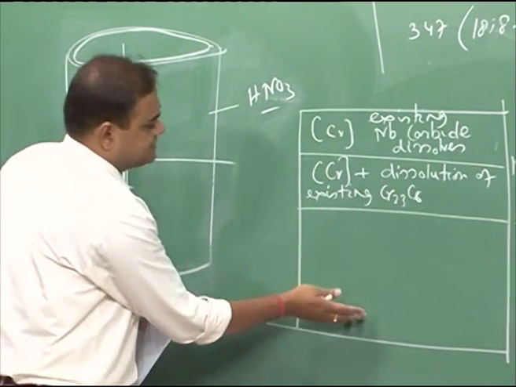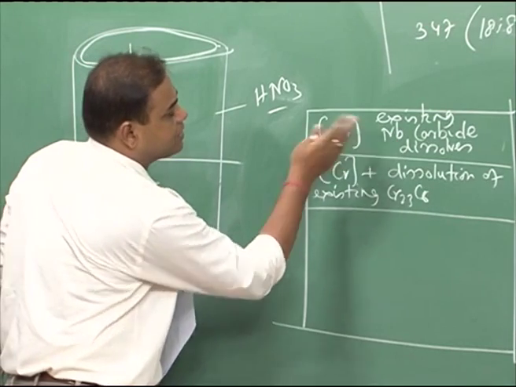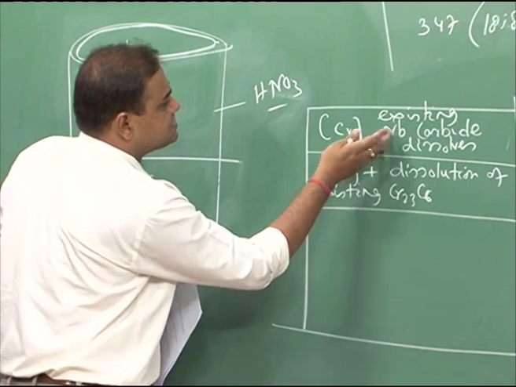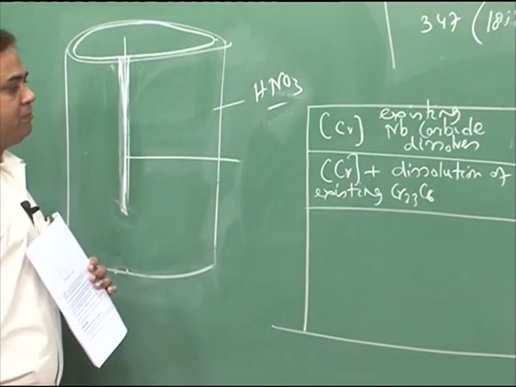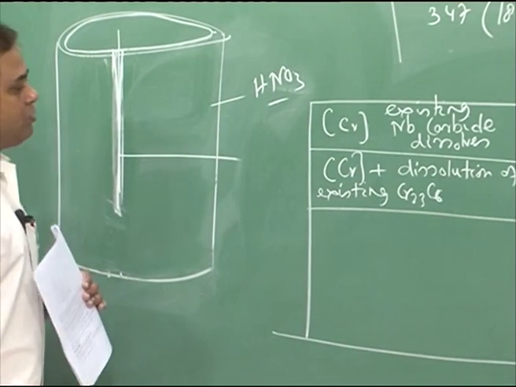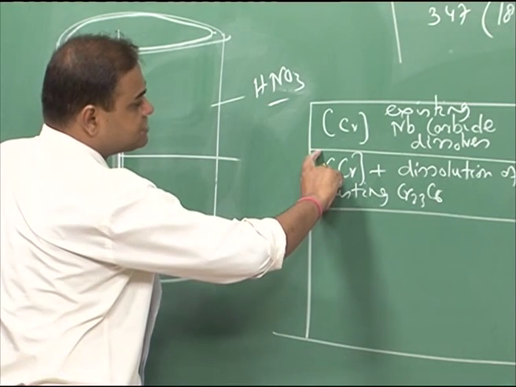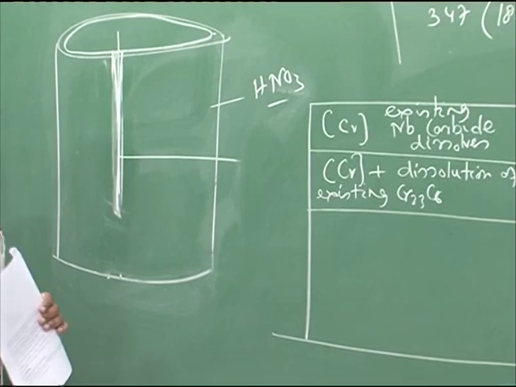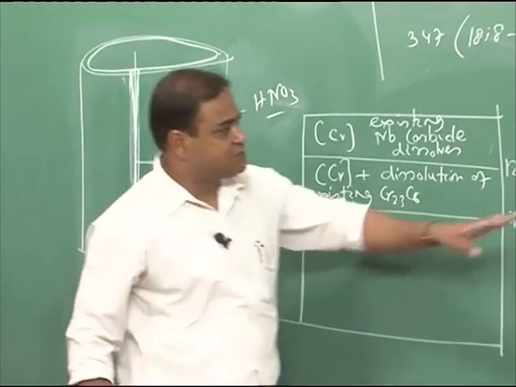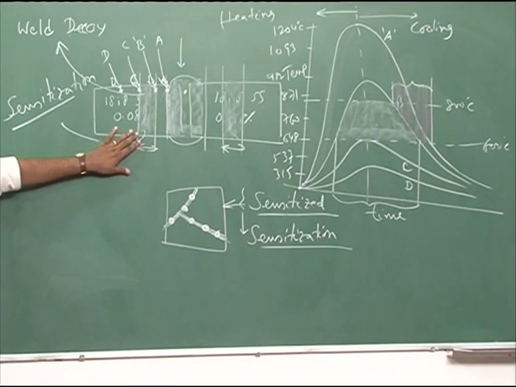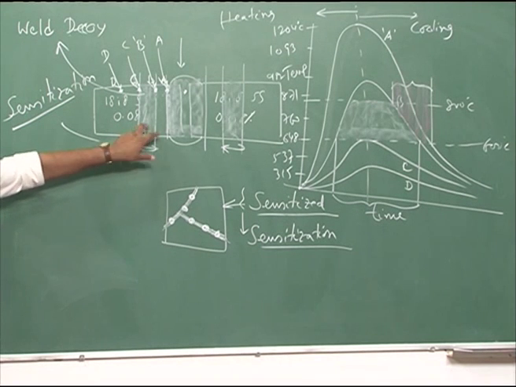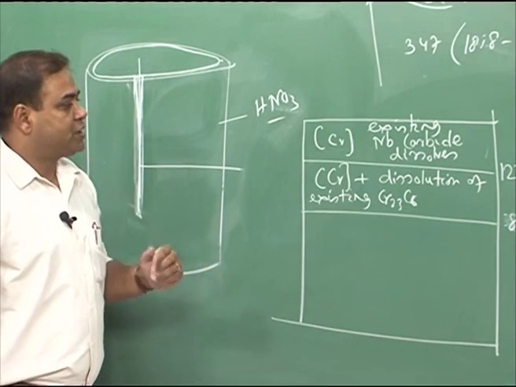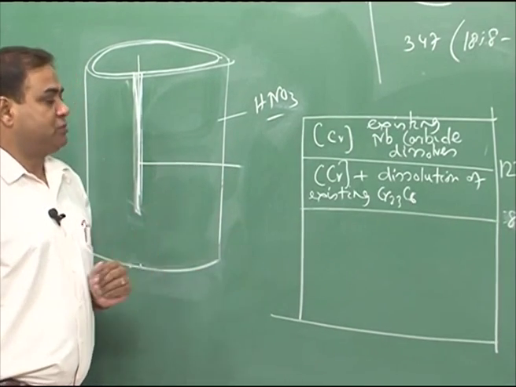That means the stabilized steel already has niobium carbide. So, if we heat beyond this level, the existing niobium carbide will also dissolve. Now, in this temperature zone chromium will be in solution, but if we have a situation like weld decay phenomena, there we have this zone where we have chromium carbide precipitation. Beyond this temperature zone, the chromium carbide will dissolve also.